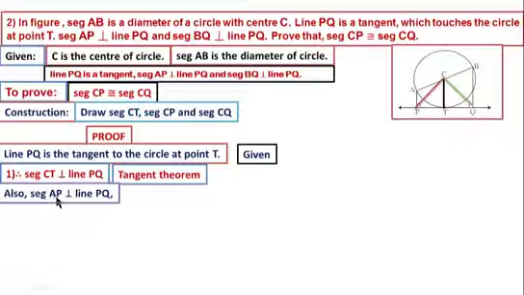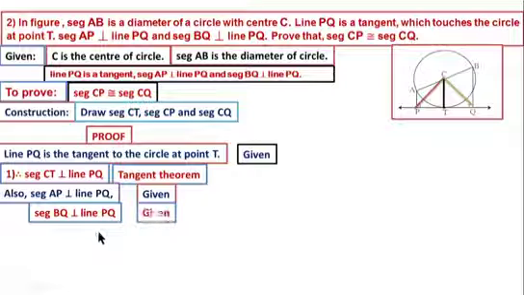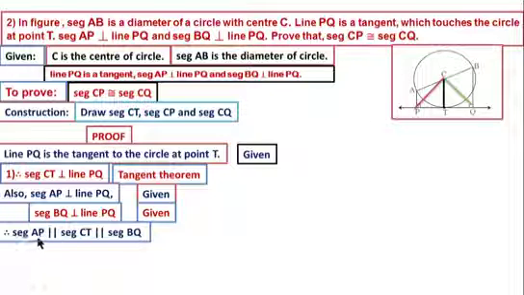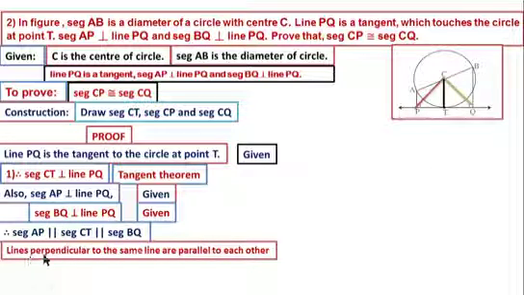Also segment AP is perpendicular to line PQ, given. Segment BQ is perpendicular to line PQ, given. Therefore segment AP is parallel to segment CT, and segment CT is parallel to segment BQ, as lines perpendicular to the same line are parallel to each other.